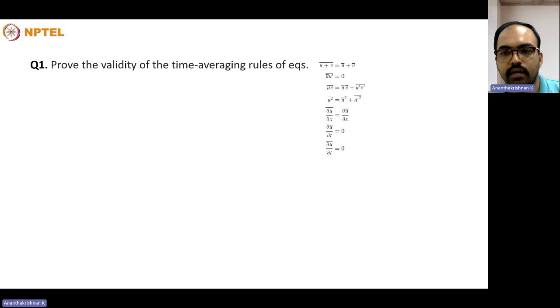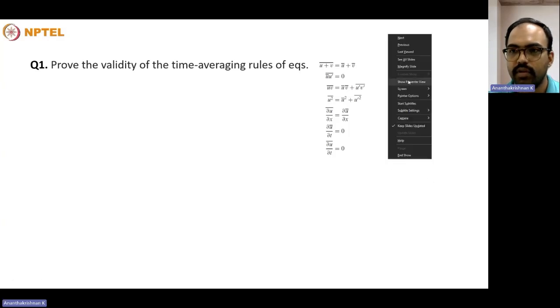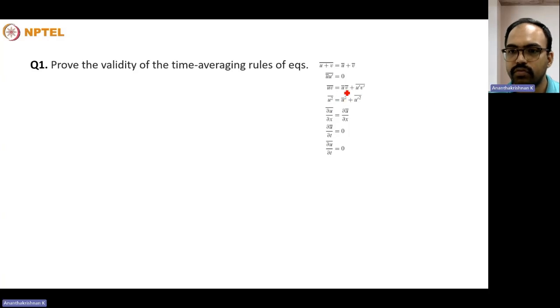And then the average of the product of velocities will be equal to the sum of the product of the mean terms and the mean of the product of the fluctuating terms, and then another set of rules.